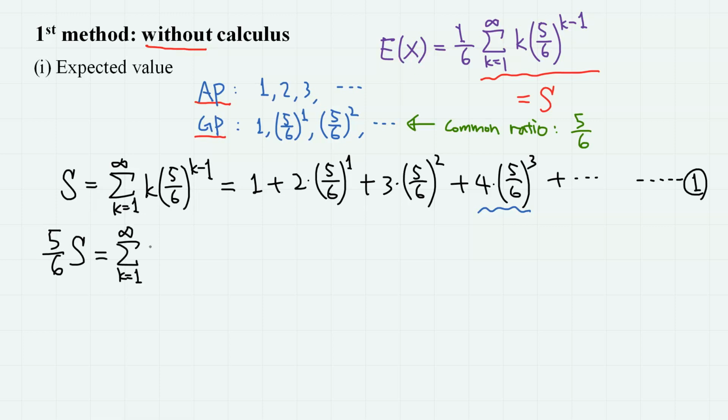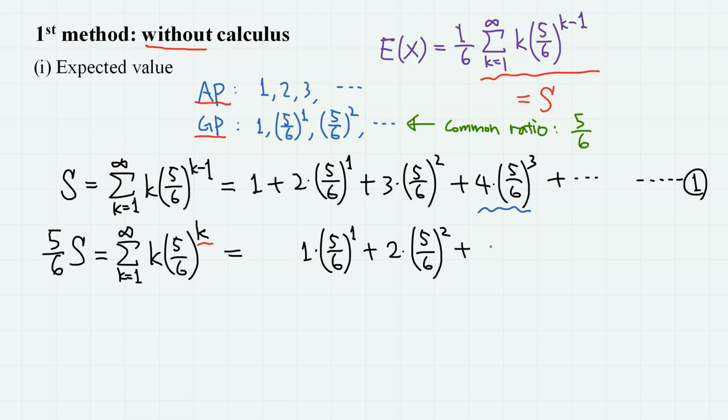Then, this part now becomes k times (5/6) to the power of k. So the first term is 1 times (5/6) to the power of 1, and the second term is 2 times (5/6) to the power of 2. Then we have 3 times (5/6) to the power of 3, and so on. And let's call this 2.